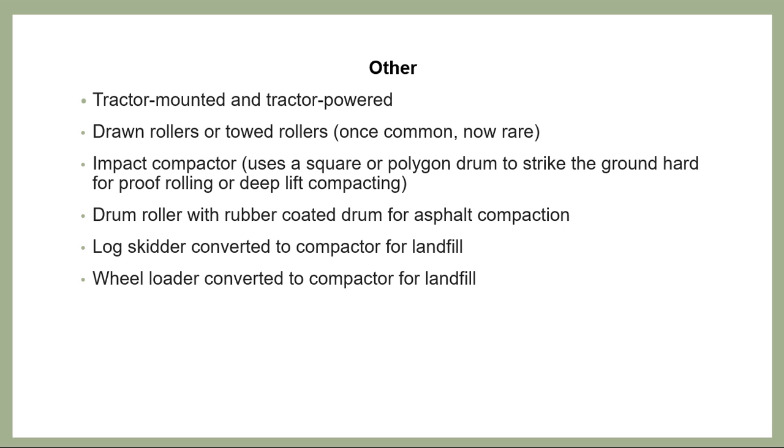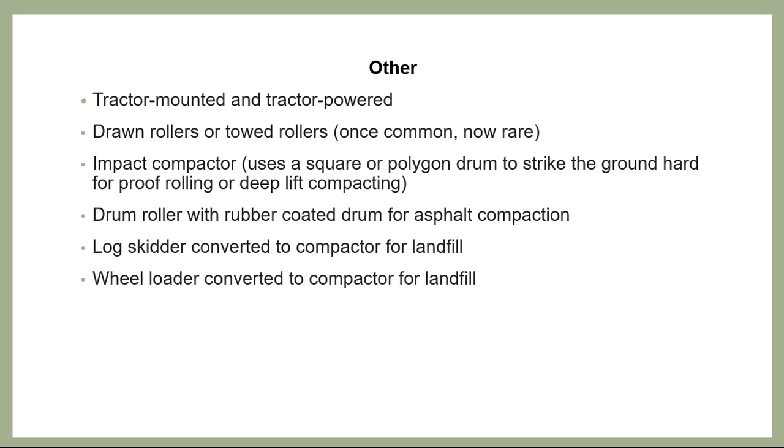The second one is the drawn roller or the towed roller. At one time it was a very common kind of roller, but nowadays it is rare. This is a tow roller which is connected with the lower end and used as a roller.